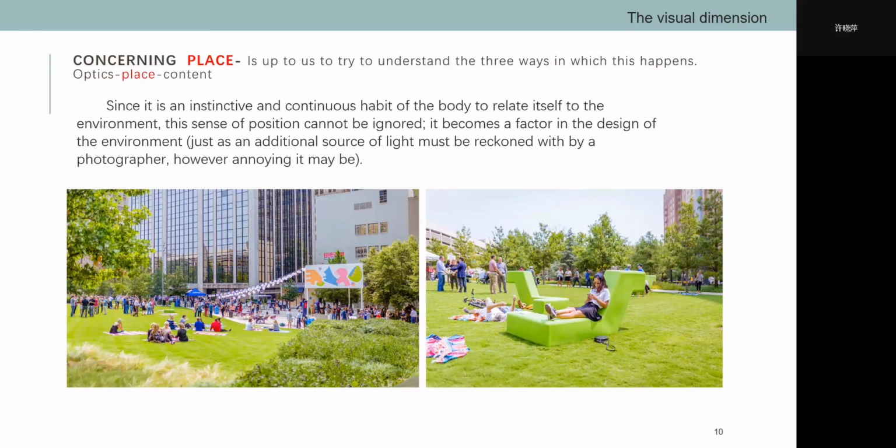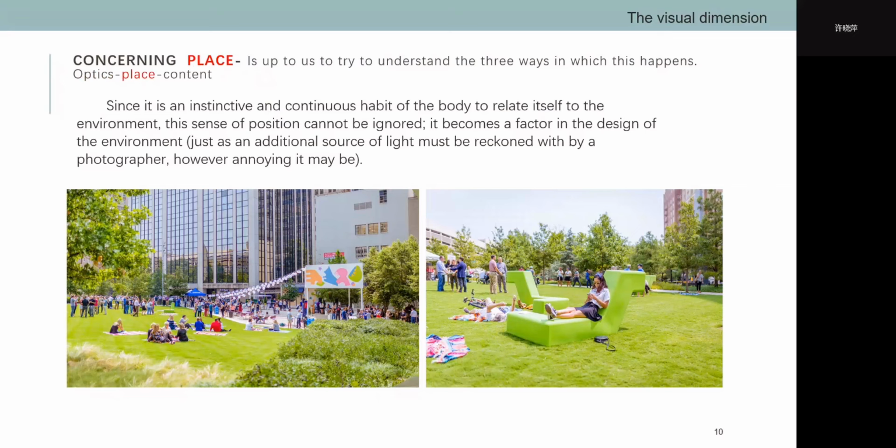It becomes a factor in the design of environment. The course of light could be recorded by a photographer.